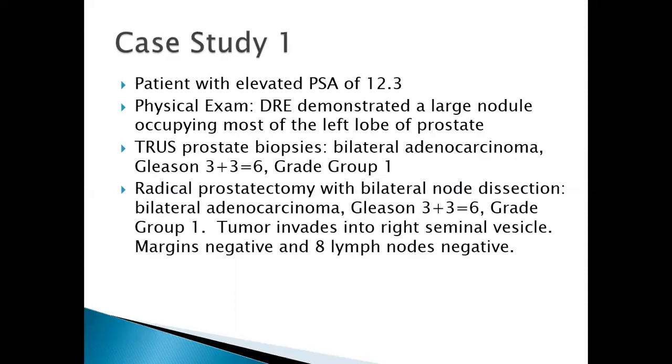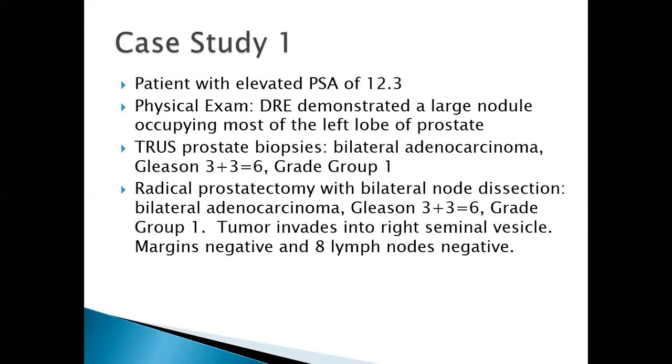All right, so this patient has an elevated PSA of 12.3. The physical exam, the DRE, demonstrated a large nodule occupying most of the left side of the prostate, all right? The transrectal ultrasound with a prostate biopsy was done.